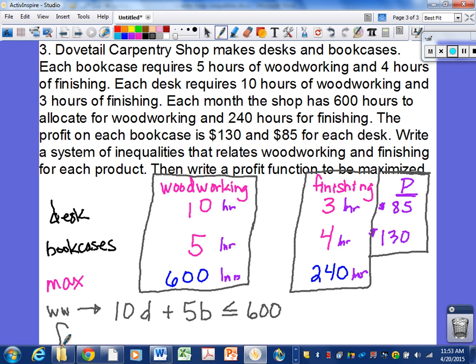And then we have our finishing equation, which also has two variables in it. 3 hours for every desk plus 4 hours for every bookcase cannot exceed 240 total hours.